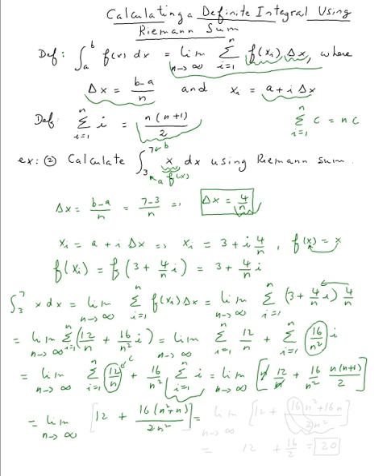Now this is going to be equal to a limit as n goes to infinity of 12 plus 16n squared plus 16n over 2n squared, which is equal to 12 plus the limit as n goes to infinity of this function. Since the degree is the same, we always get 16 over 2, the coefficient of n squared divided by the coefficient of the denominator, so 16 over 2, which is equal to 12 plus 8, which is 20, and we're done.